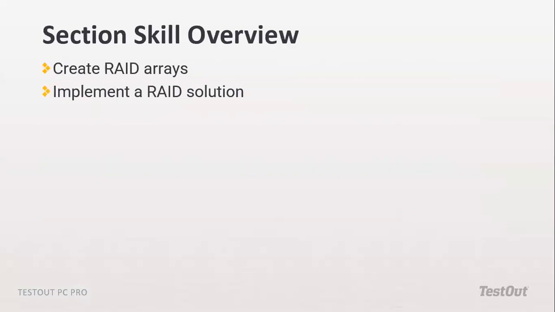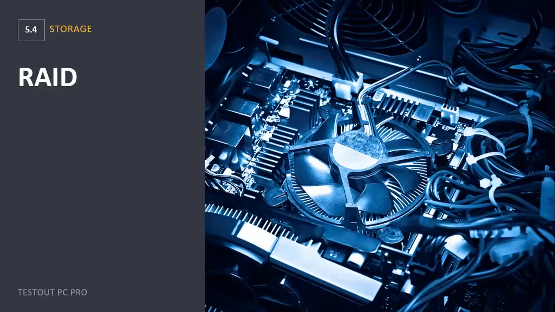That brings us to the next section, which is RAID storage. Let me see where we are to know if we are going to stop here or continue. We have covered a lot of information, and I want to know if we are going to stop here or continue in the next class.